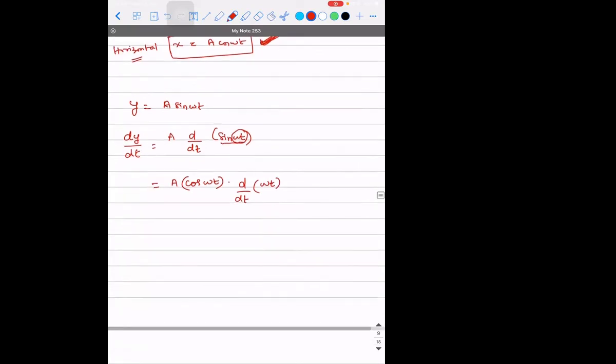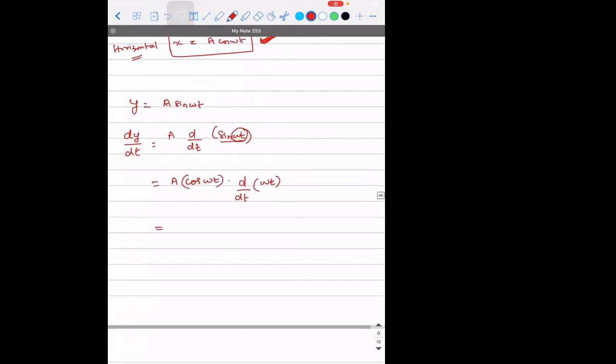So A cos omega t into d by dt of omega t, that will be A omega into cos omega t. But what is dy by dt according to physics? The rate of change of displacement is velocity. So this is the velocity of the particle, which is given by A omega into cos omega t. So this is 1, this is 2.